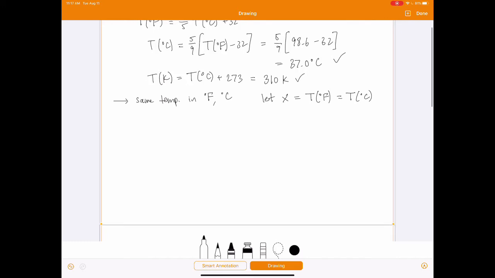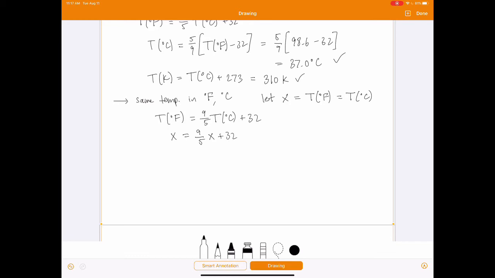And all I need to do is take the formula for converting between the two scales. So temperature in degrees Fahrenheit is equal to 9/5 times the temperature in degrees Celsius plus 32. And then just replace those with X. Okay, so here, X is equal to 9/5 times X plus 32.